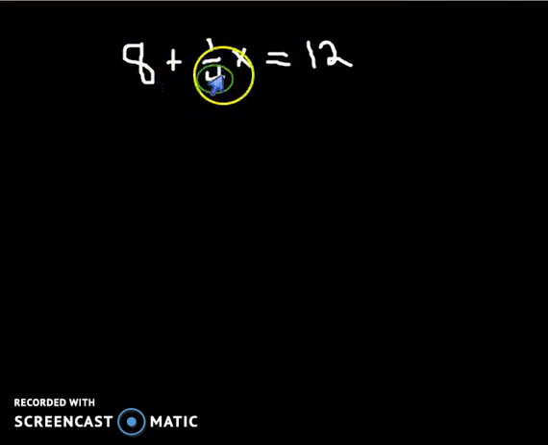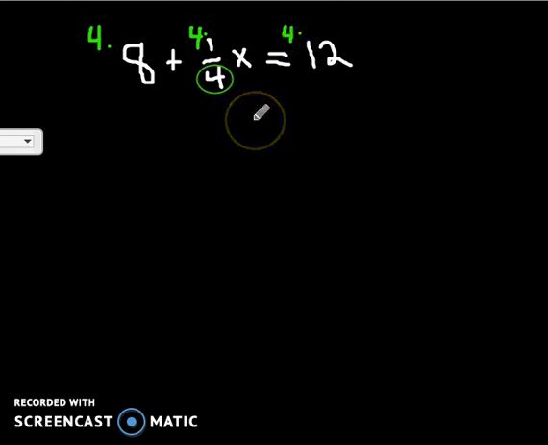I am going to multiply every term in this equation by that denominator. So watch this. I'm going to multiply the 8 times that denominator 4. I'm going to multiply this 1/4 times 4, and I'm going to multiply this 12 times 4.